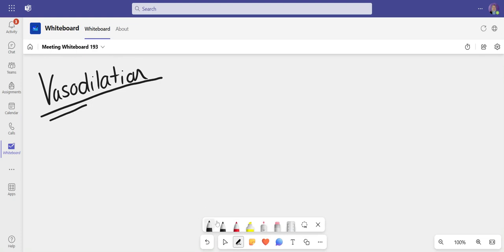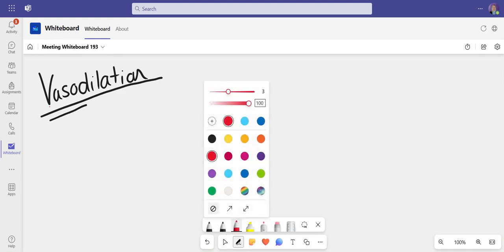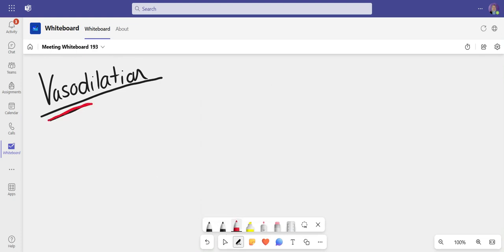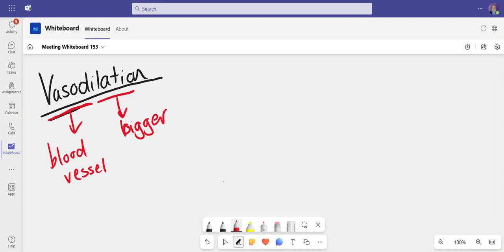Vaso means the blood vessel, and dilate means to get bigger. So what happens is the blood vessels in our skin dilate. That means they get wider.